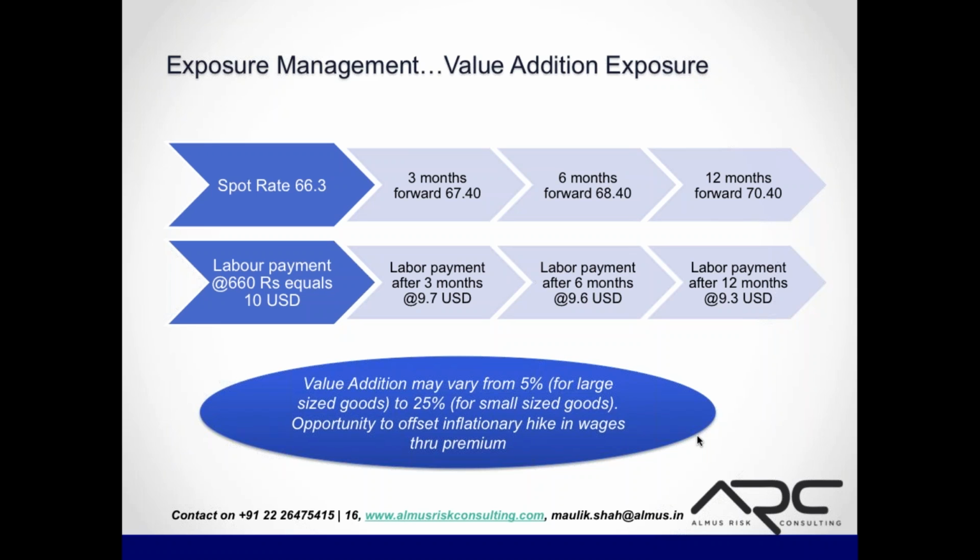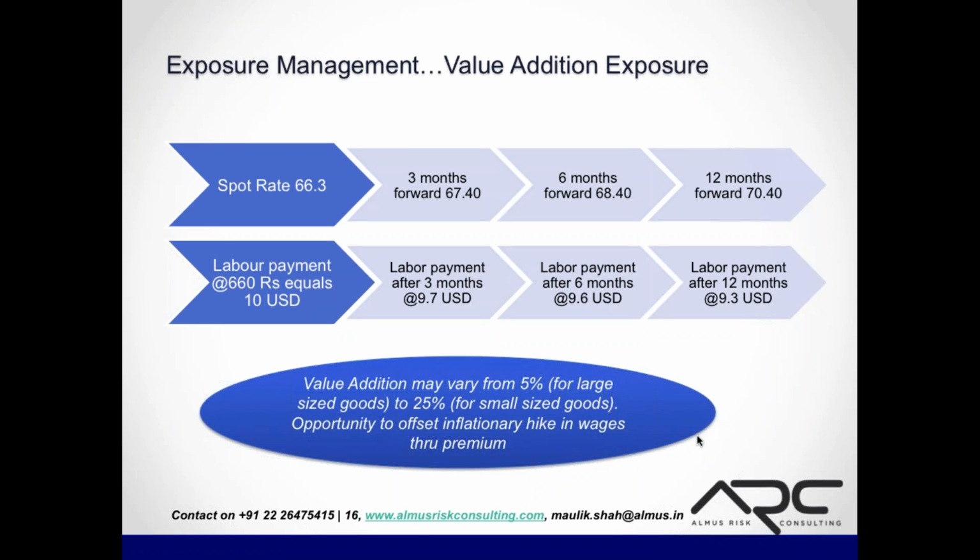So today 66.30, you can have 3 months 67.40, 6 month rate will be 68.40, and 12 month rate is 70.40. Now this is nothing but a kind of compensation for a future labor hike that you may have. So dollar rupee almost 6% insulates you from the future labor rate hike if at all you may have to undergo.